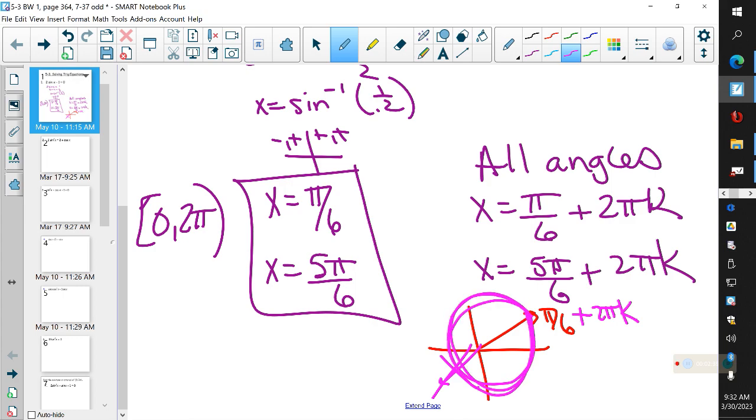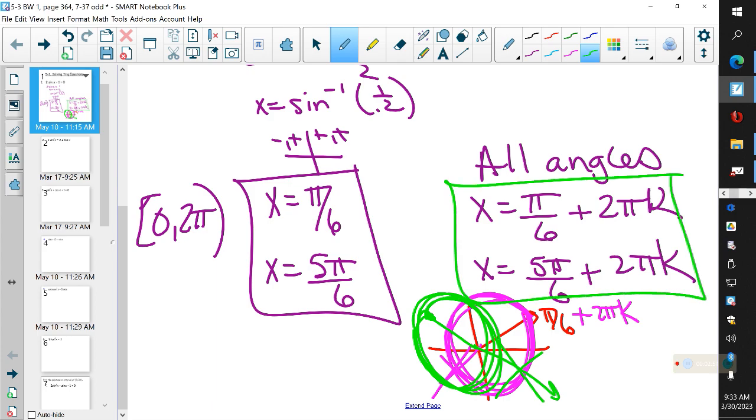You're landing there every time you go around the unit circle. The same thing happens at 5 pi over 6. If I only add pi units to it, I'm at the diagonal angle, which is again negative, so I don't want that. I need to land here, so I add the 2 pi k every time so that we land on that as the coterminal angle. So that is what you're going to have with those angles. Okay, so those are your two answers.